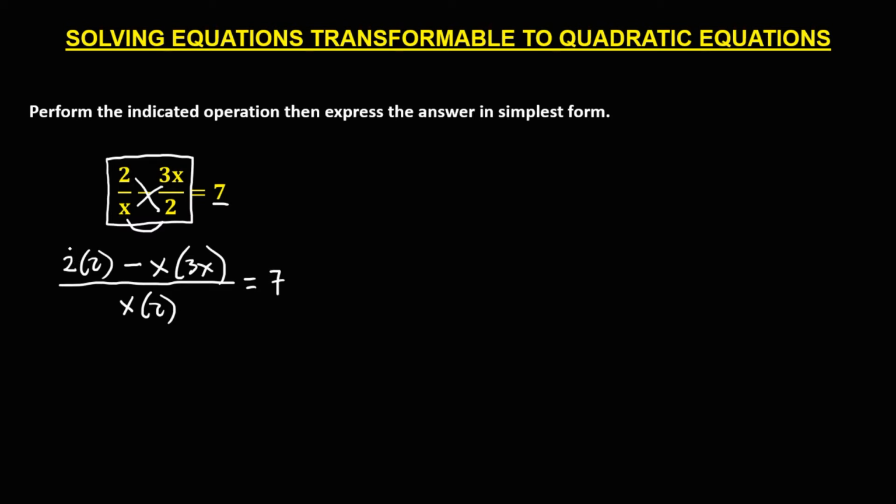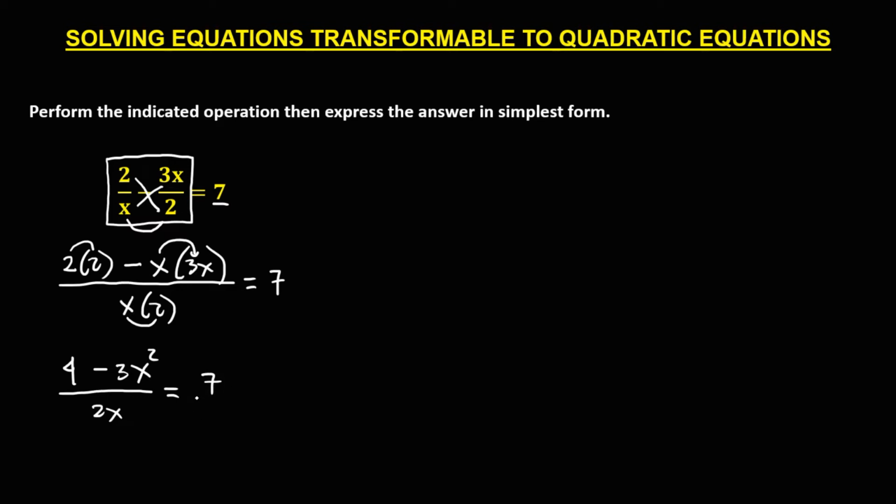Then simplify: this one is 4, minus x times 3x, this one is 3x squared, over x times 2, this one is 2x, equals 7.